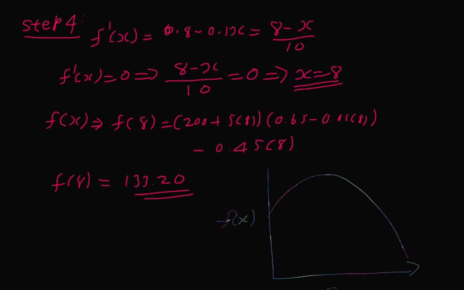So this is x equals 8, and this is the maximum value, 133.20. So this is the shape of the graph. So actually you can use the graphical method also to find the maximum value.